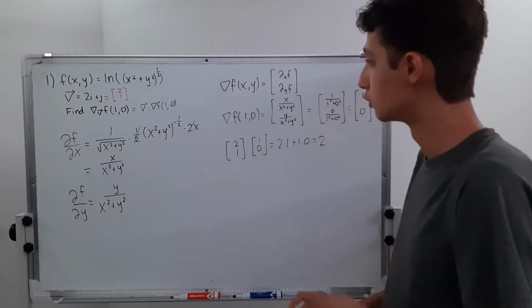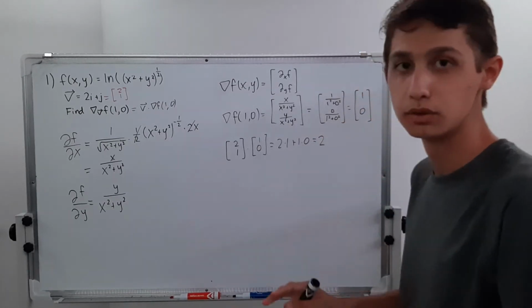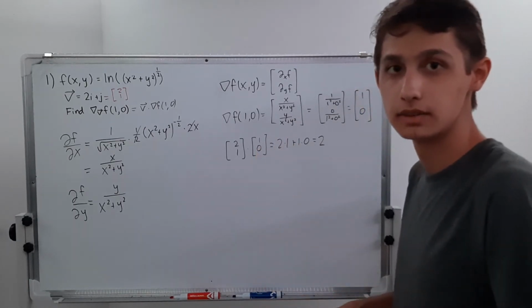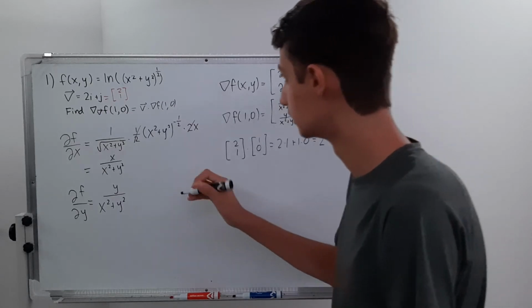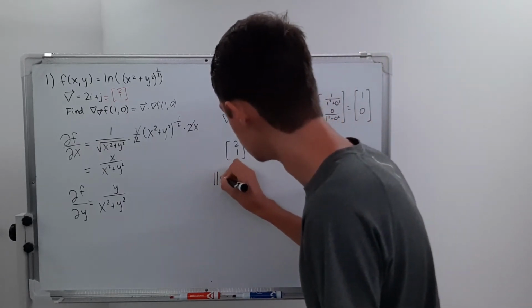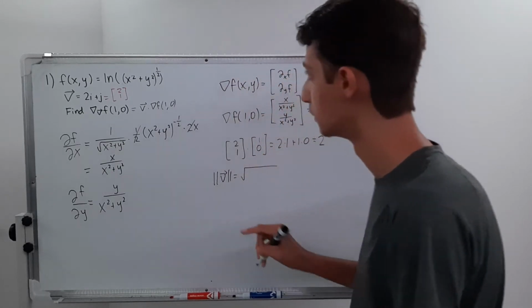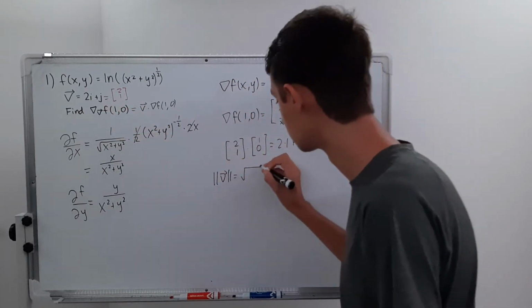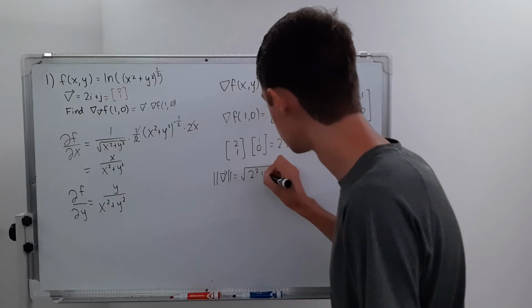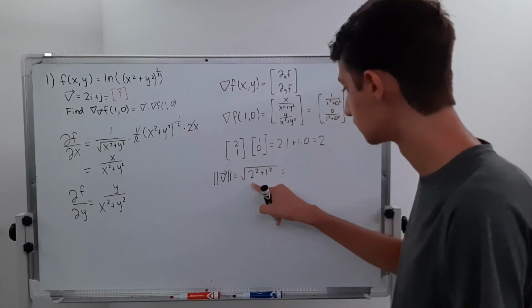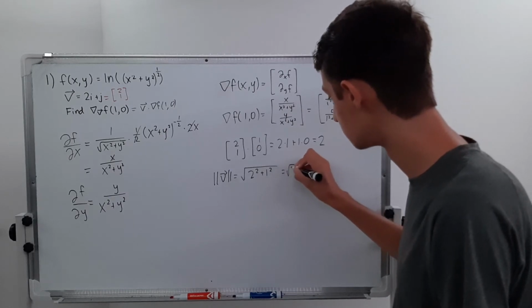Alright? So now we're close. We're really close to our answer. All we have to do now is just normalize the vector and find its magnitude. So the magnitude of v is just the square root of all of its components squared, which is 2 squared plus 1 squared. And that is 4 plus 1, which is square root of 5.